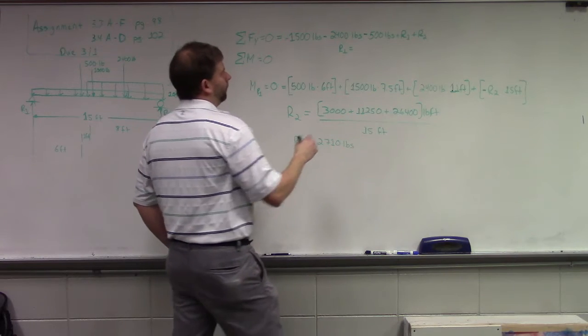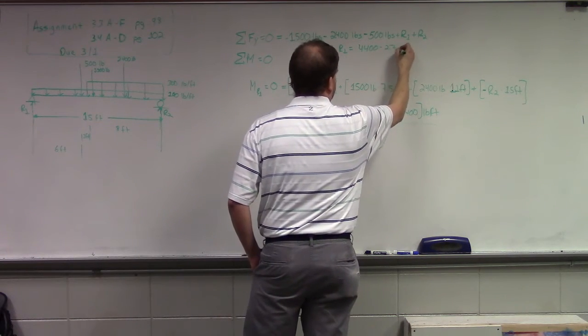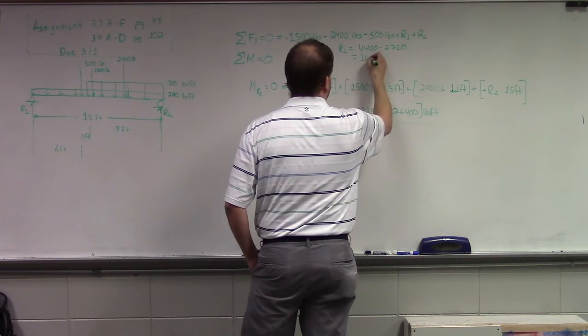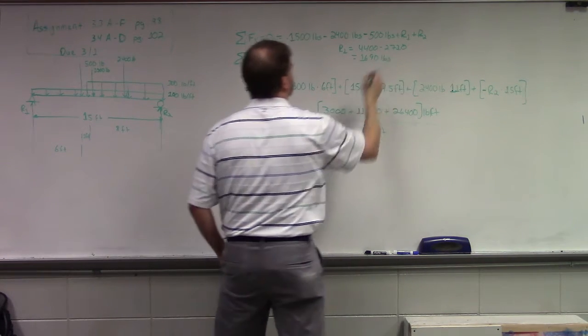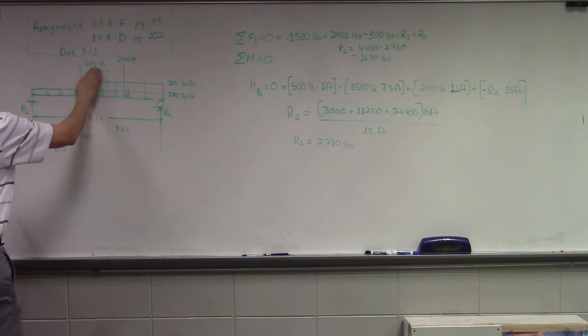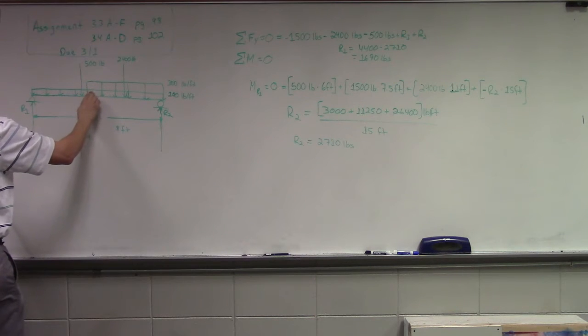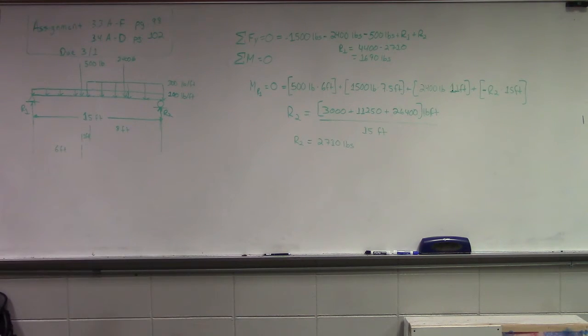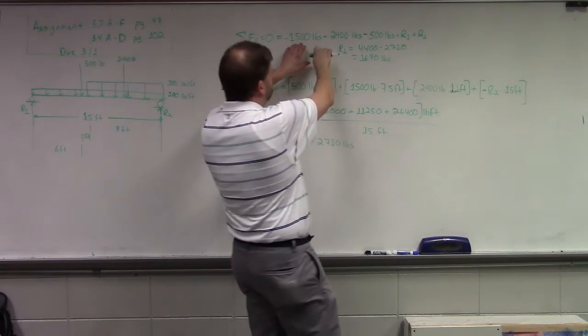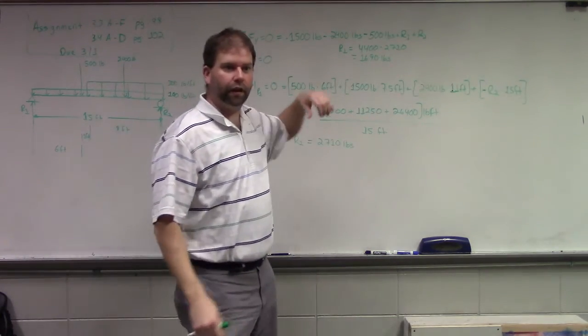So then what do we do? Does that make sense when we were looking at this? 4,400 was 1,500, 2,400, and the 500. Right? But we just make it positive. Yes, sorry. So I just summed this, because remember, the sum of the vertical forces equals 0, so I just added it.